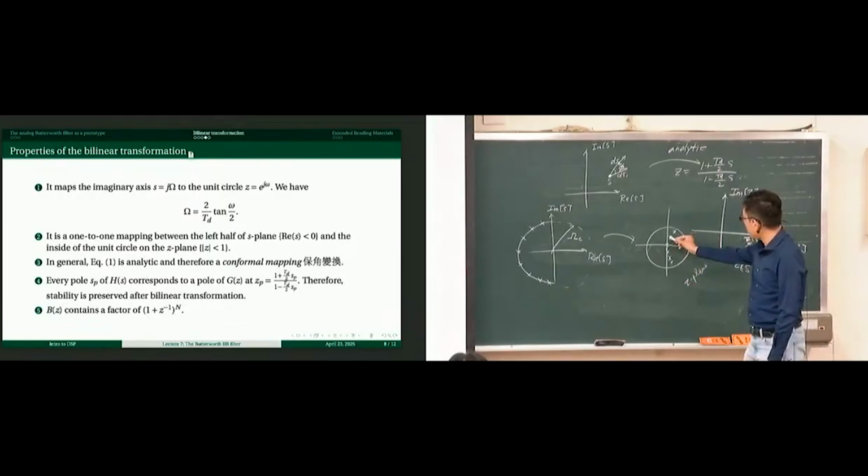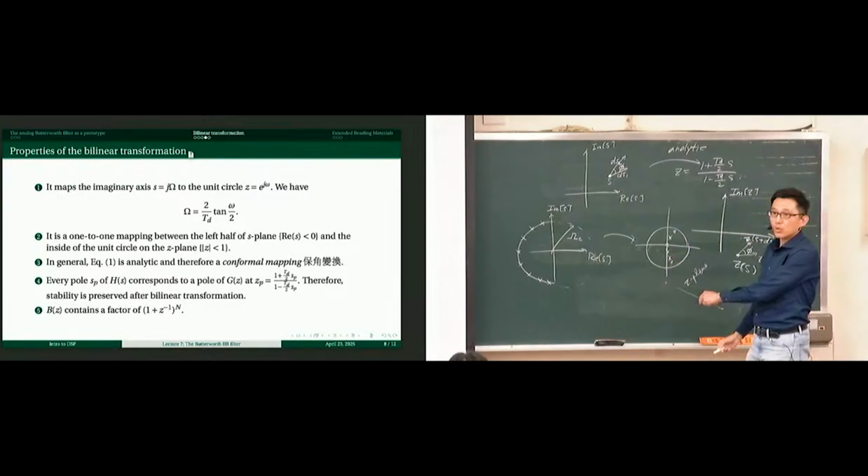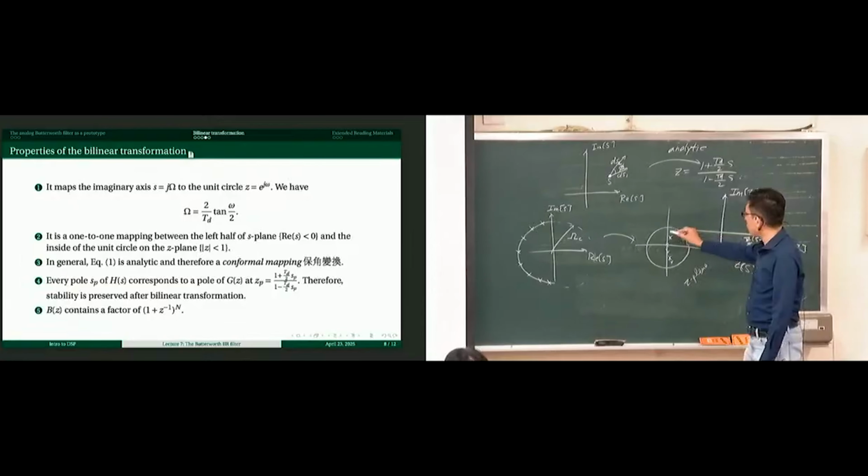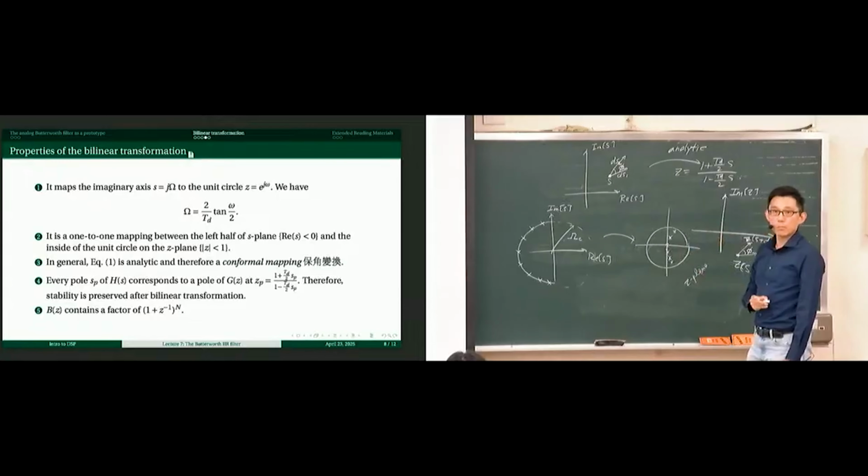Because if all the poles are still inside the unit circle in the Z domain, we know that this corresponds to a stable and causal system. None of the poles will go outside. Okay, so that's pretty nice. Stability is preserved under bilinear transformation. Let me repeat that.